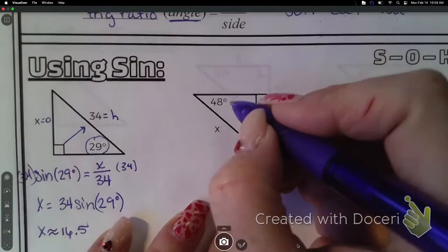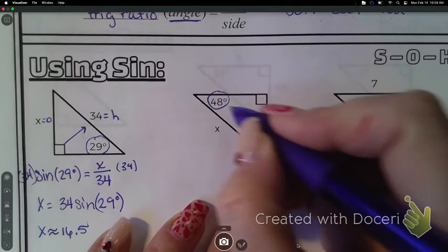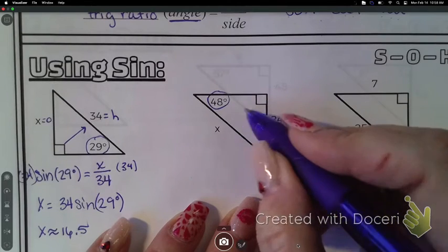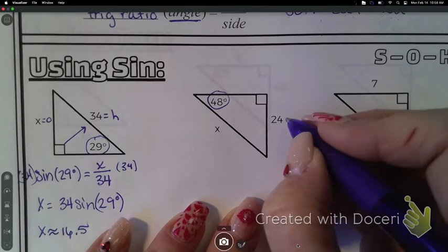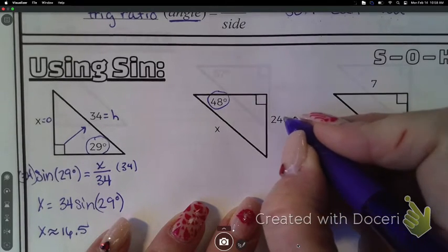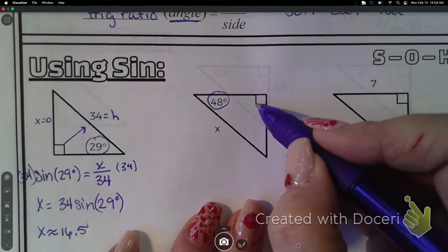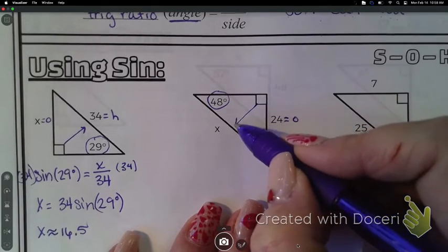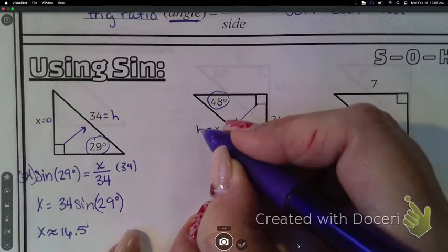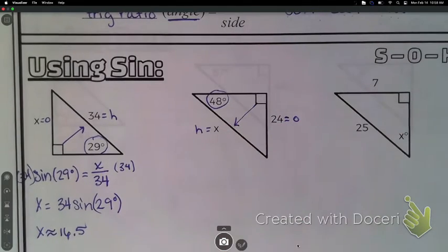Okay, so circle 48. I have 24. Is that the what to 48? Opposite. Okay, it is the opposite. The hypotenuse is always across from the right angle. If you struggle with that, maybe you should label your hypotenuse first.